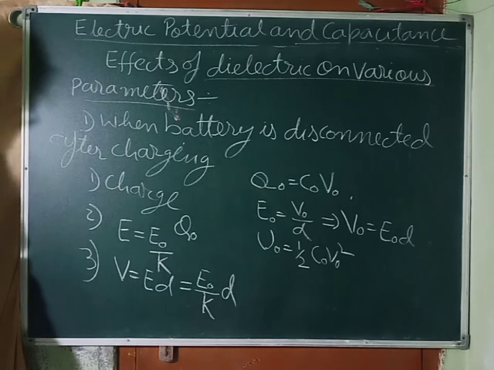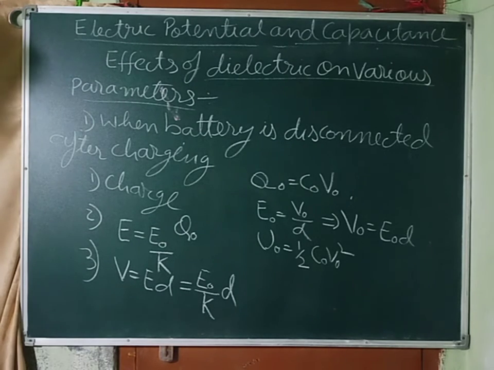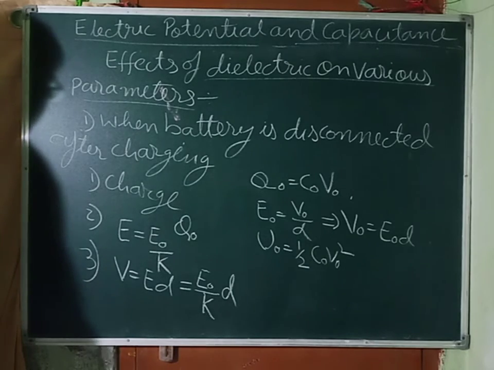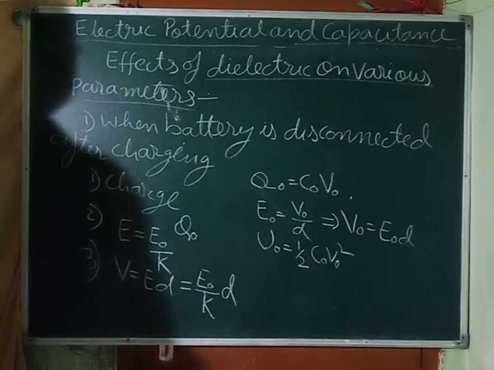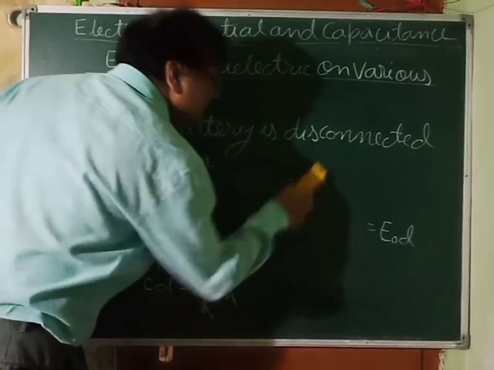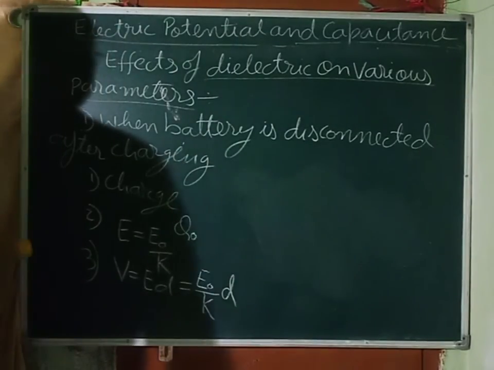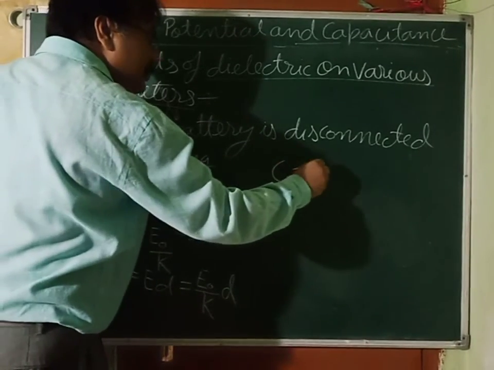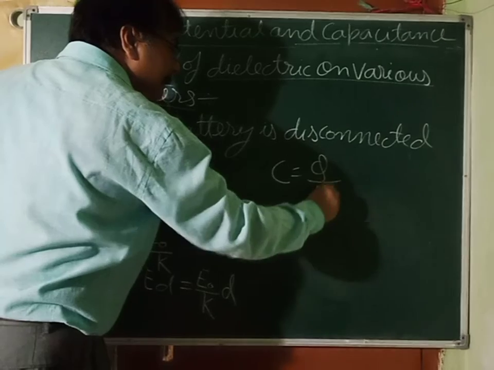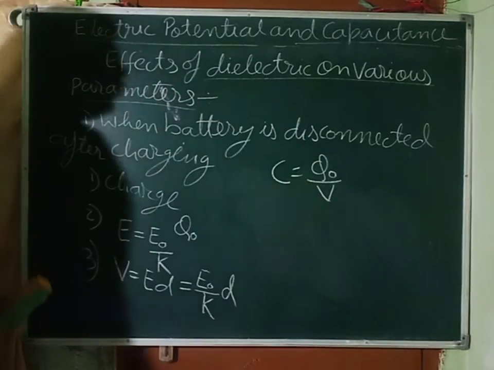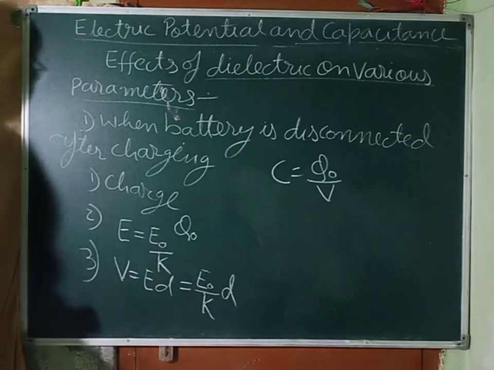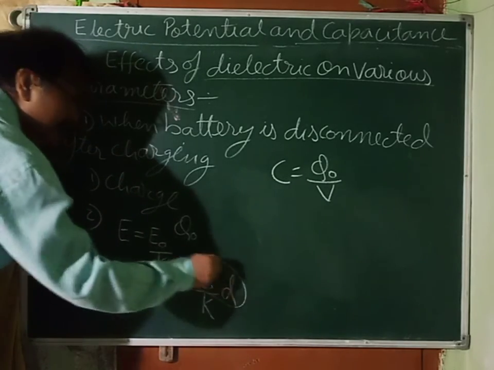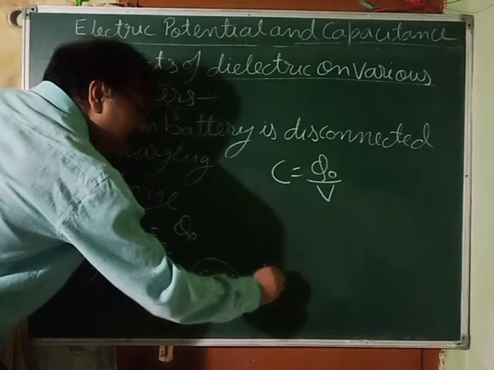Written. Now, what about the capacitance? By the definition of capacitance, C is equal to Q by V. Q will remain constant, you know very well. V has changed. Earlier it was V naught, now can we write it as V naught by K?